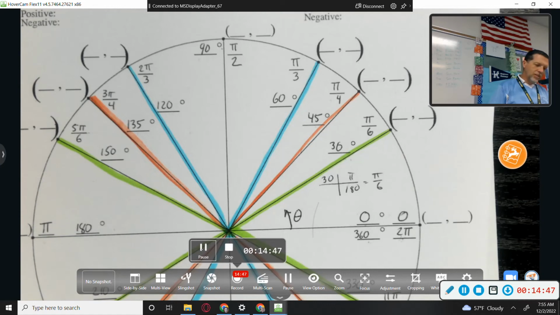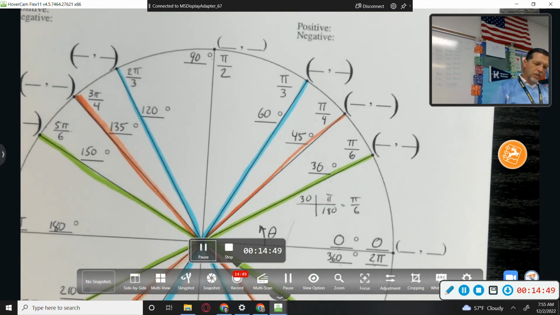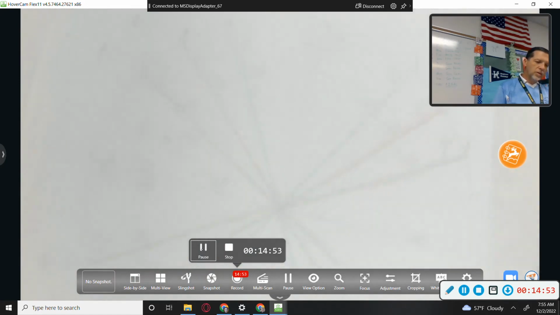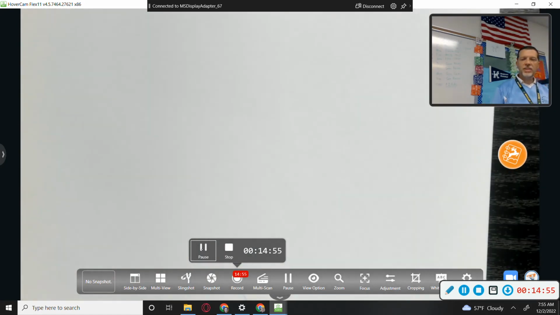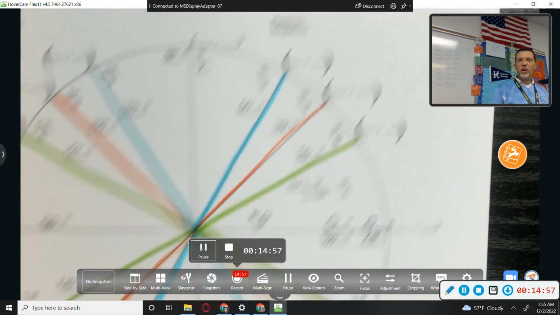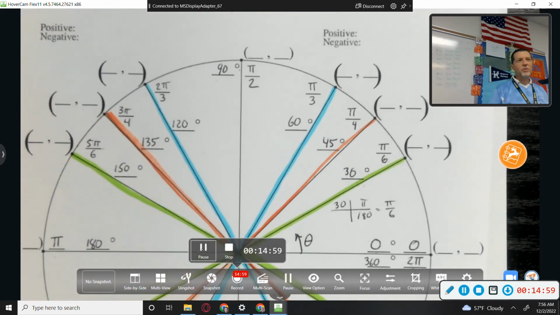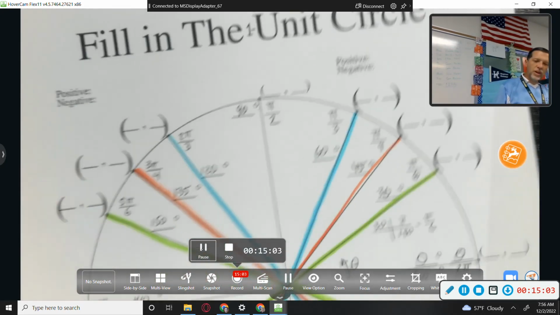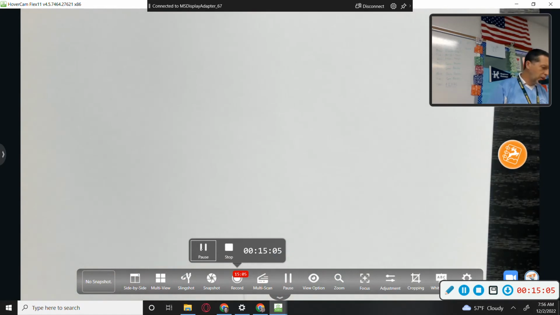Let's flip this over. You know what? Let's not do it on the back, because this is going to travel with you for a good while into next semester. So I don't want to put extra work on the back. We got a few more things to do.